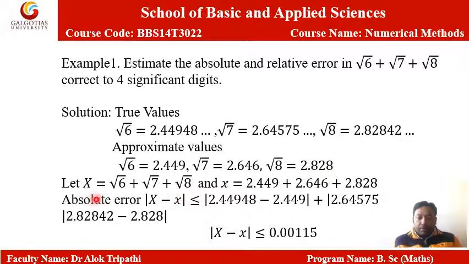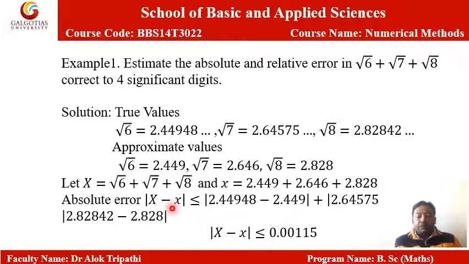Now we shall find the exact value of the sum of these numbers. Capital X is equal to root 6 plus root 7 plus root 8, and small x is equal to 2.449 plus 2.646 plus 2.828.